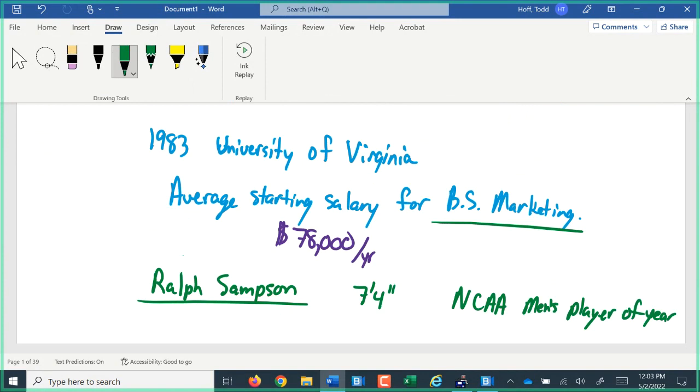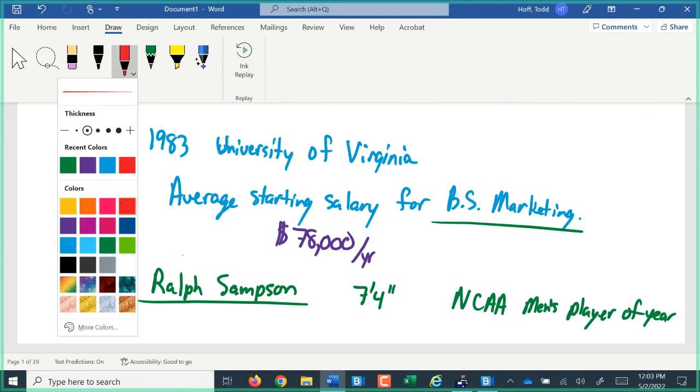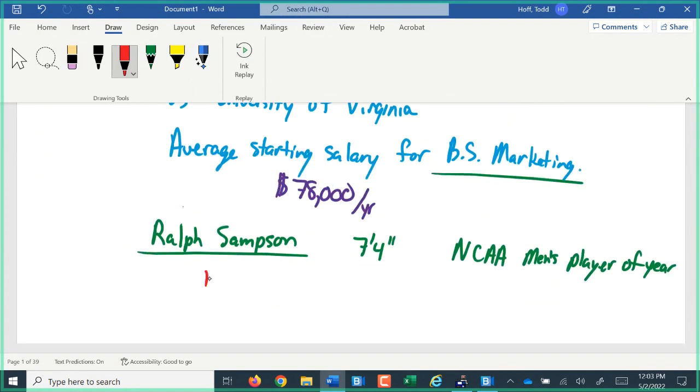Obviously he went on to something other than marketing. He was actually the number one draft choice in the NBA draft. Made millions of dollars that year. Well, it takes a lot of $20,000 marketing graduates to average out a multi-million-dollar contract.